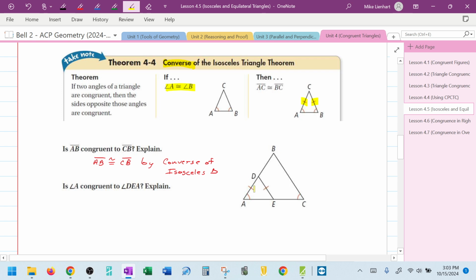This smaller triangle, they tell me in the diagram, is isosceles. Therefore, I know by the isosceles triangle theorem that the base angles must be congruent. So what can I conclude? Angle A must be congruent to angle DEA by the isosceles triangle theorem.